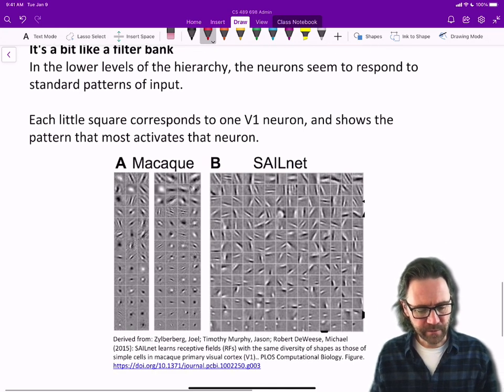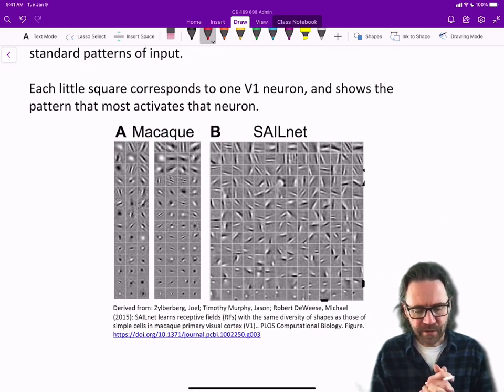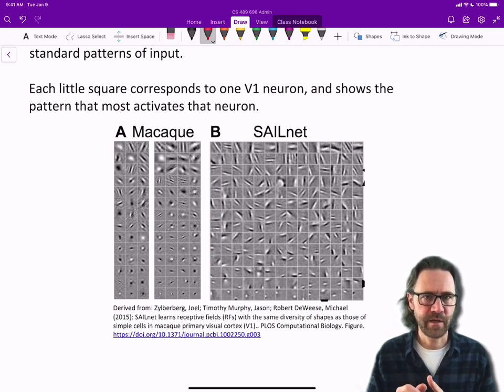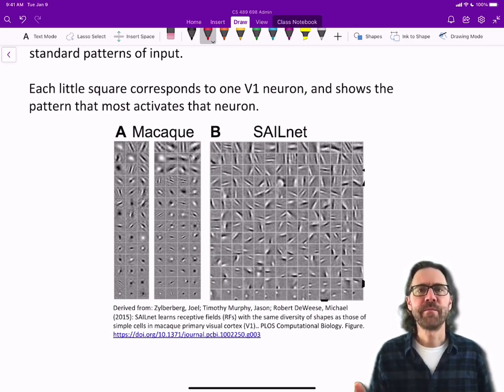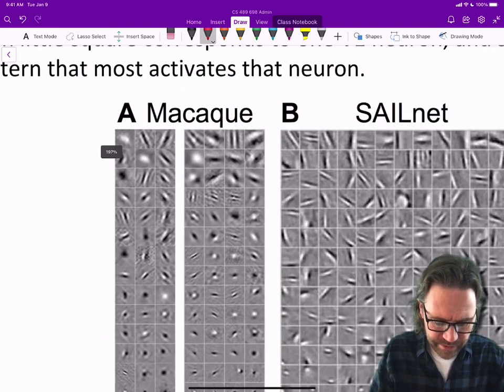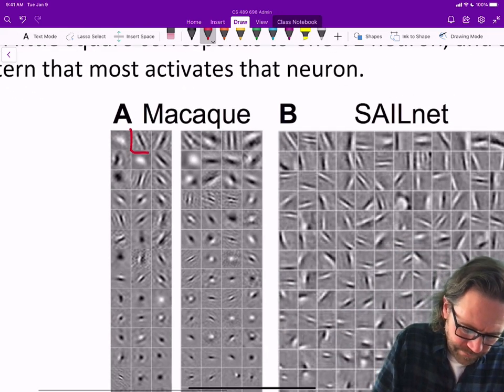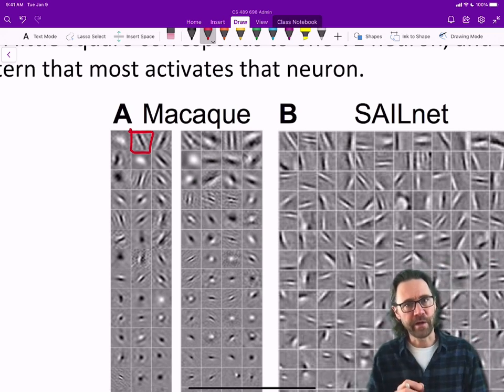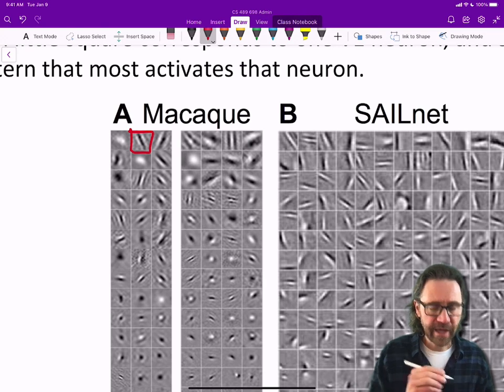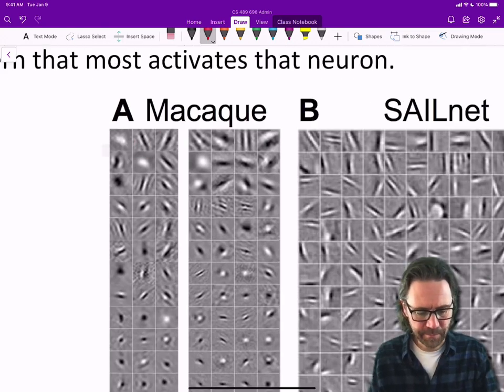So what I'm showing here is a bunch of receptive fields. Receptive field is the term for the configuration of the image that excites a particular neuron. So each of these little squares here, let's look at this one, corresponds to one neuron in V1. So a particular neuron likes that particular template shape.